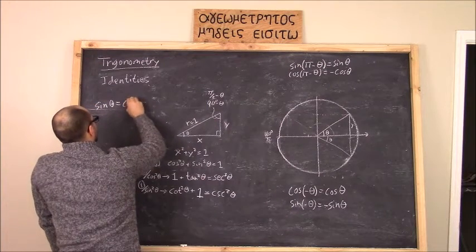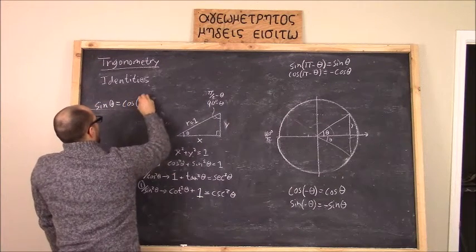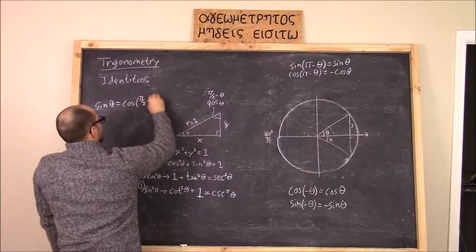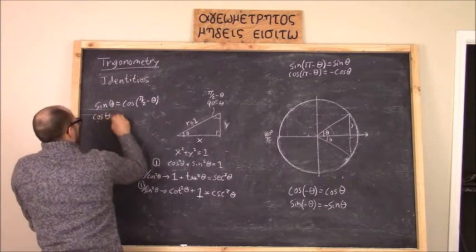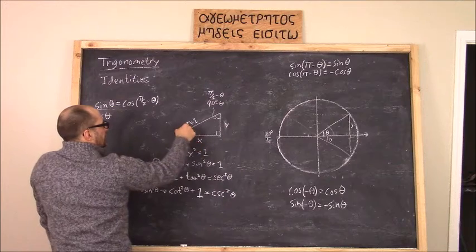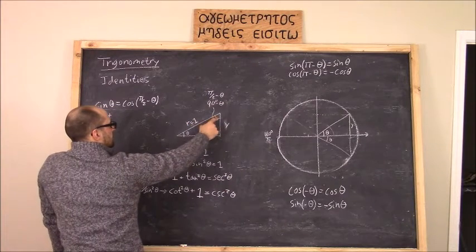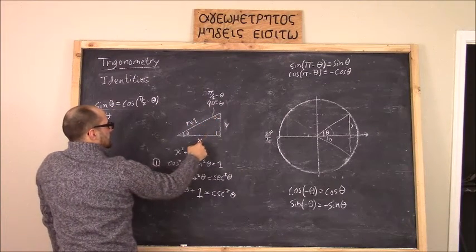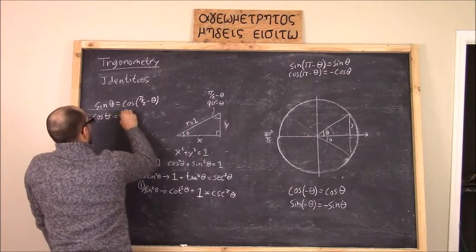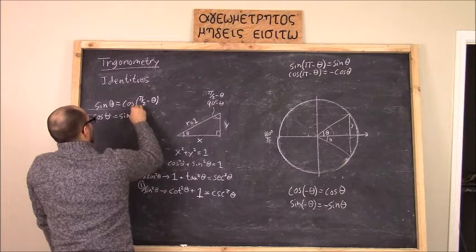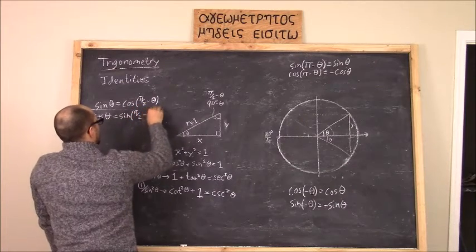So sine theta is equal to cosine of pi over 2 minus theta. Likewise with cosine. The cosine of theta is adjacent over hypotenuse, but if we're referencing this angle, that's now the opposite over hypotenuse, which is sine. So cosine theta is sine of pi over 2 minus theta.